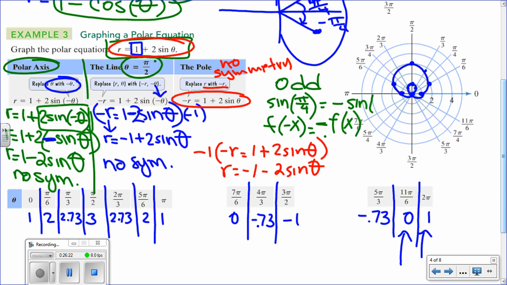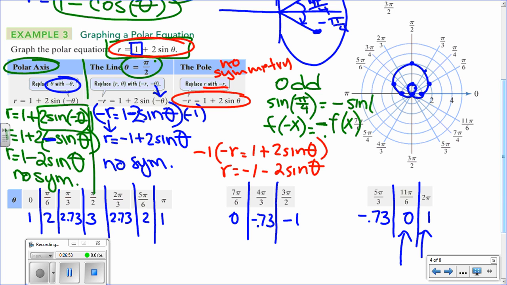I know that when we tested algebraically for symmetry, we got no symmetry at all, right? And we did it right, because I actually checked the book, and there's a paragraph that says that sometimes, even though algebraically it will say no symmetry, the graph could still be symmetric. So if you have to pick one, which one will it be symmetric with respect to?